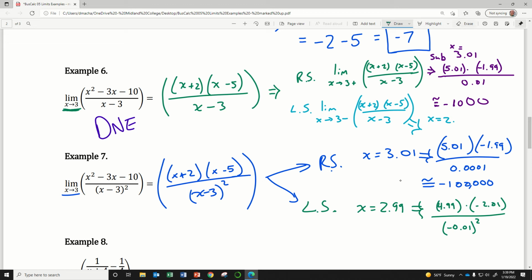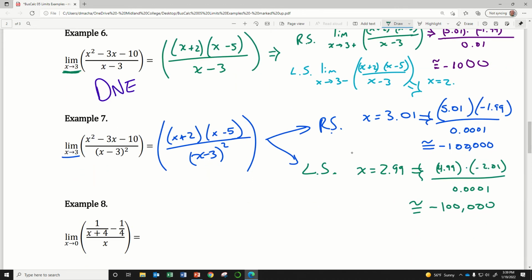And that means my denominator is going to become 0.0001. And so again, it's going to be roughly equal to negative 100,000. So whether I go just a tiny little bit to the right of x equals 3, or a tiny little bit to the left of x equals 3, I get a huge negative number.